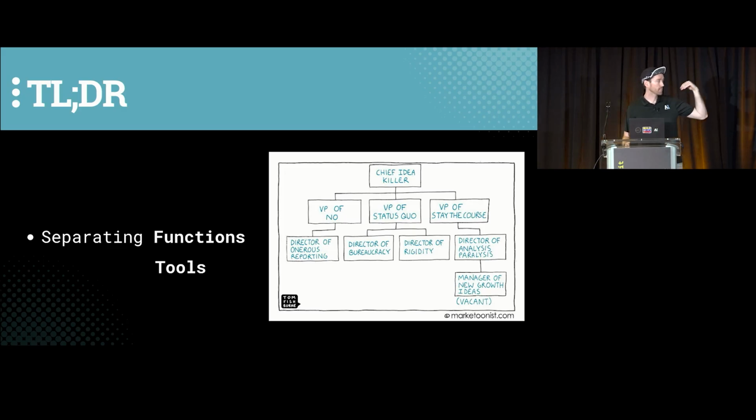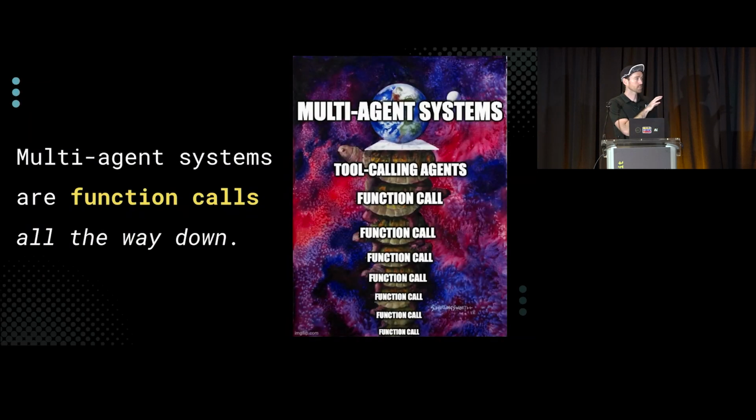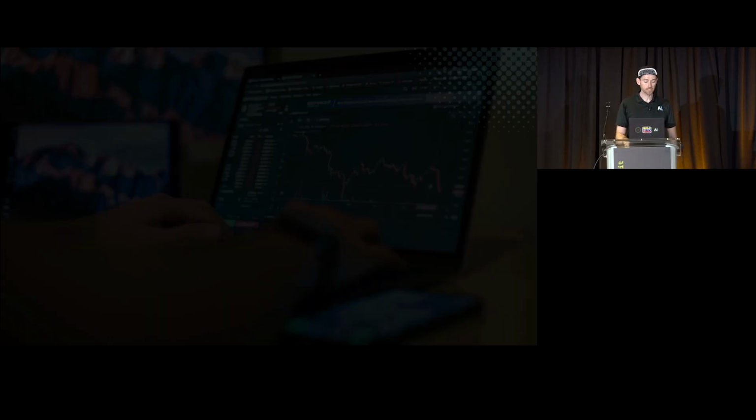We kind of start to get into this weird overlappy space when we talk about functions sometimes, but multi-agent systems really are just function calls all the way down. And so how do you think about leveraging this in an intelligent way when we get into this metaverse of multi-agent systems?